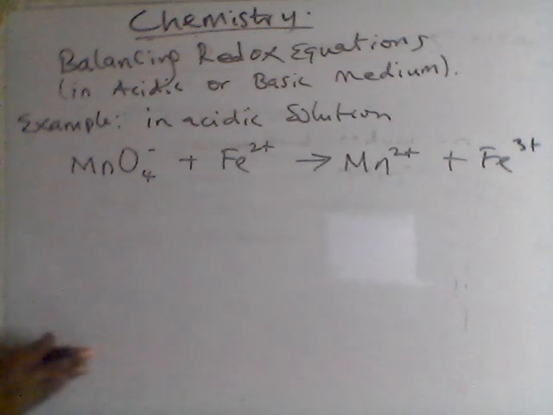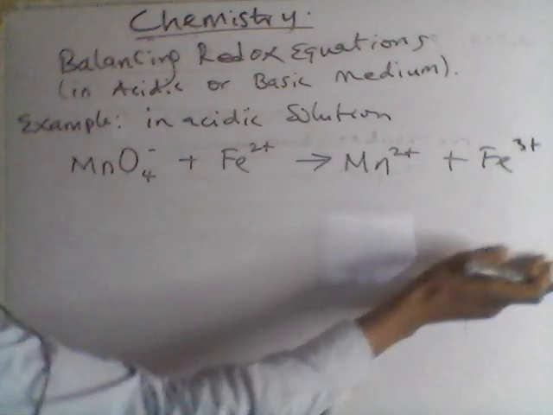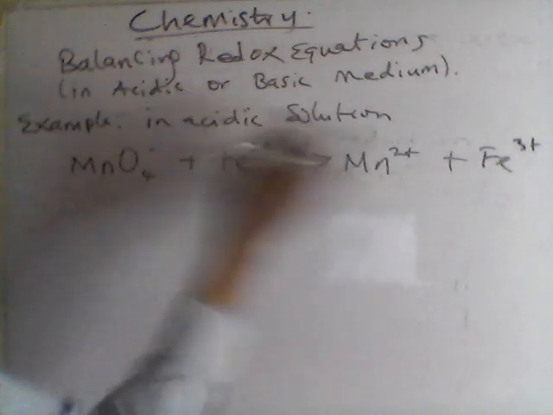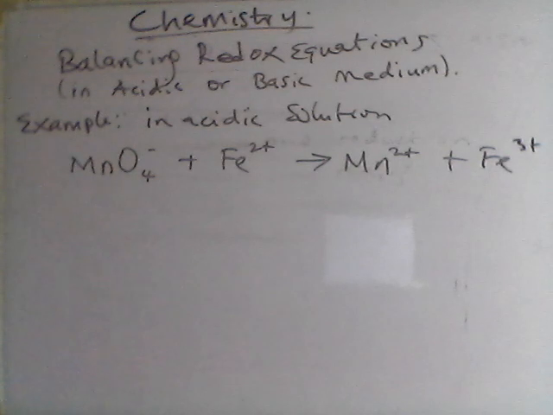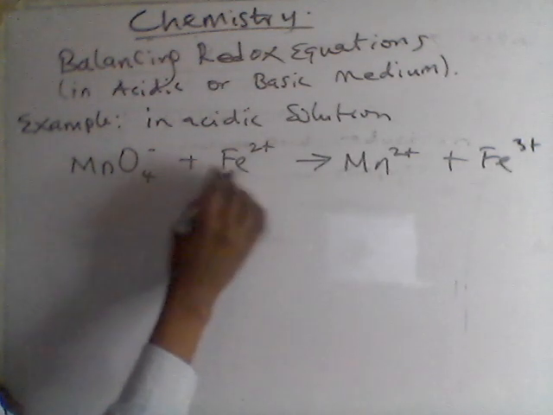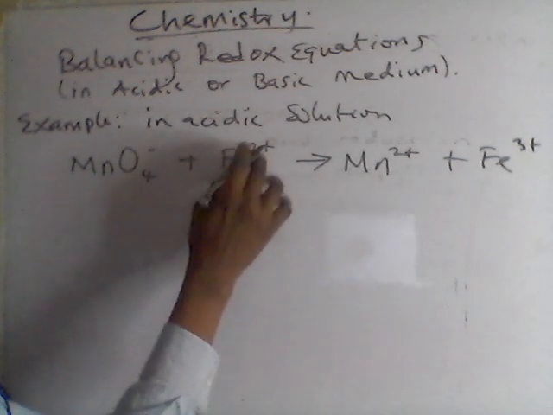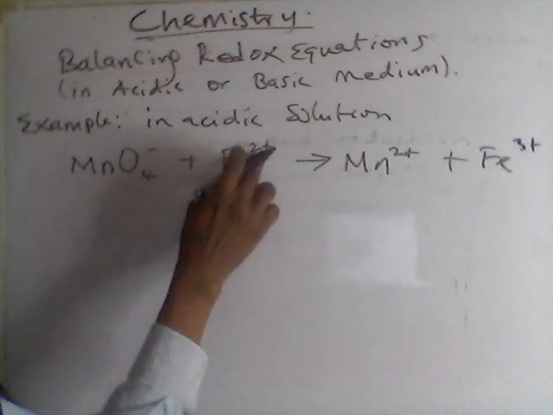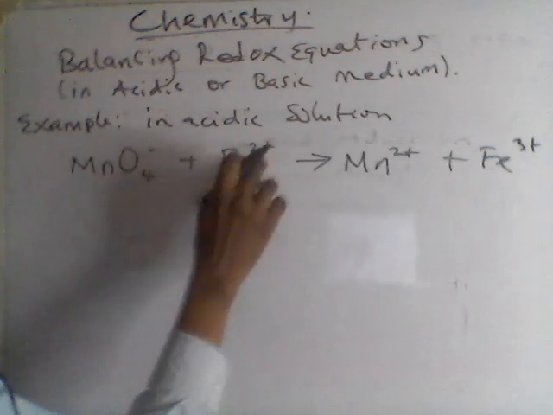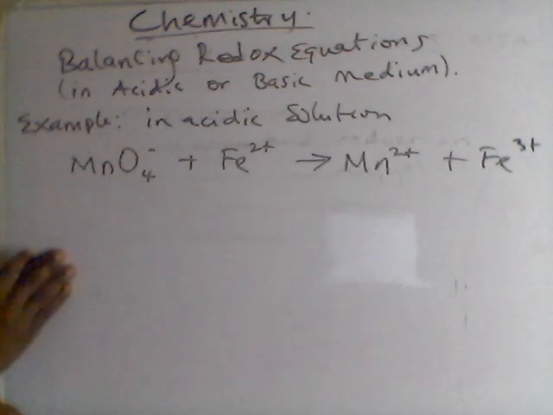So we first identify which one is doing oxidation and which one is doing reduction. We can look at the oxidation states to know. Now for the half reaction, I can first look at this one. The ion is losing an electron because the positive charge became 3. From 2 it became 3. So let me write the half reactions for this.